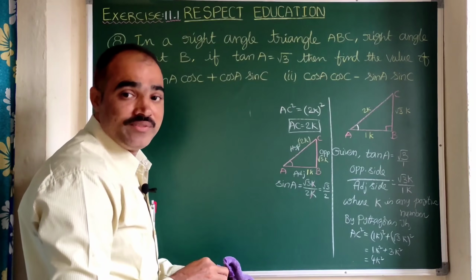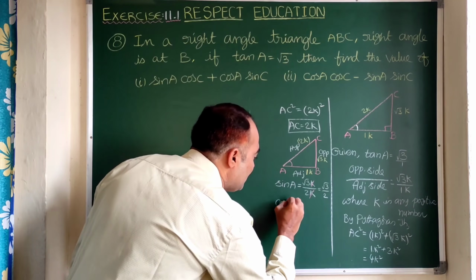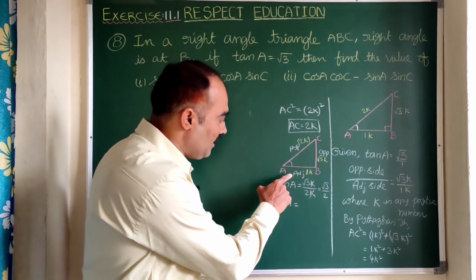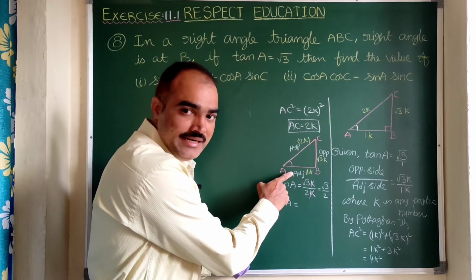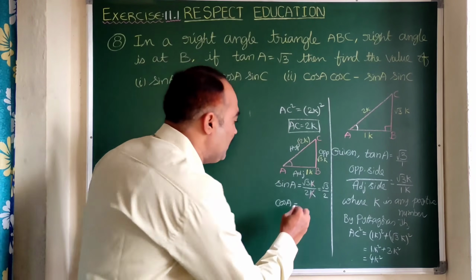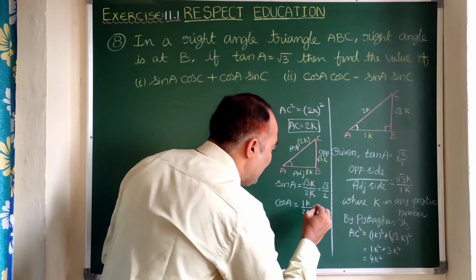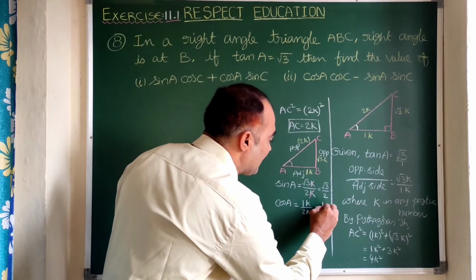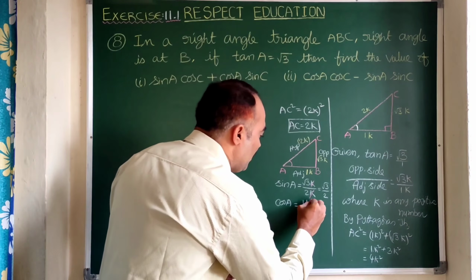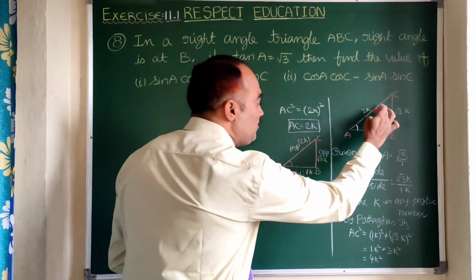Now what is required? Cos A. Cos A is adjacent side to A, that is AB, that is 1k, by hypotenuse 2k. So 1k by 2k, and on cancellation of k and k, we get 1 by 2. Now the same triangle we are going to draw, but with respect to C.